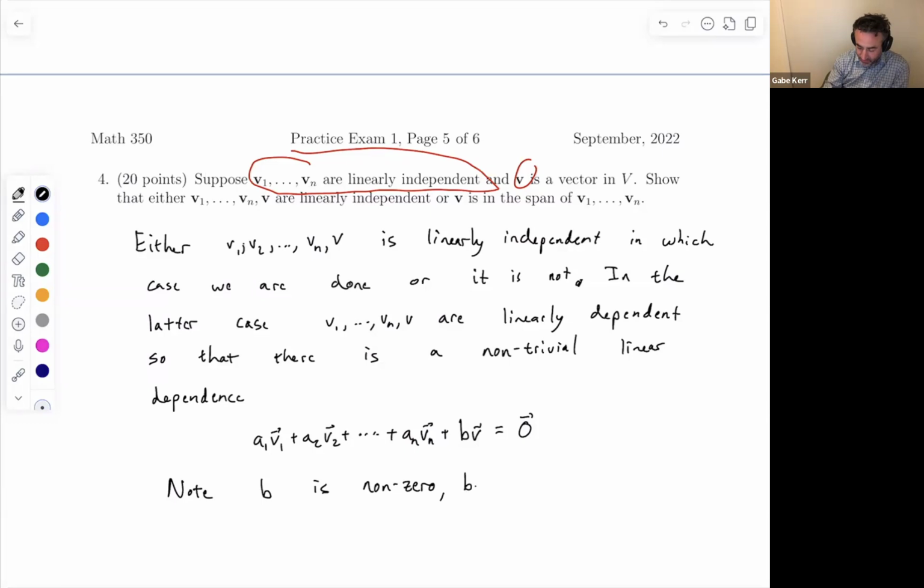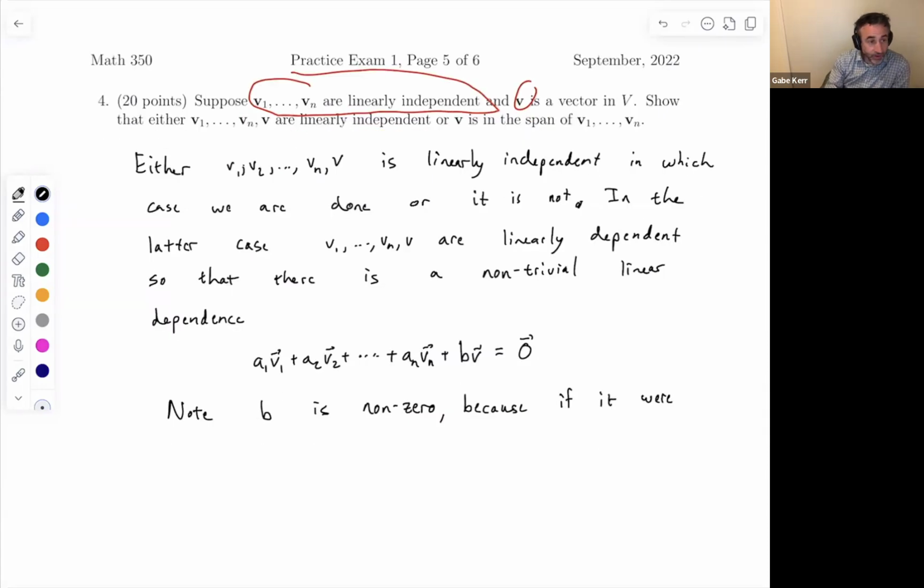Because if it were 0, then we would have a non-trivial relation amongst the V's, V1 through Vn: A1 V1 plus A2 V2 plus dot dot dot plus An Vn would equal 0, right?